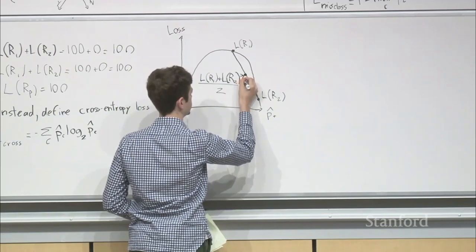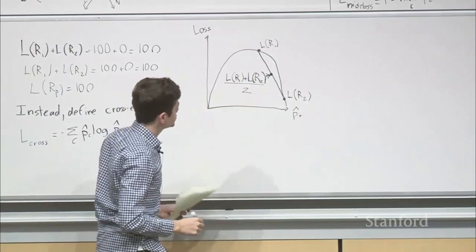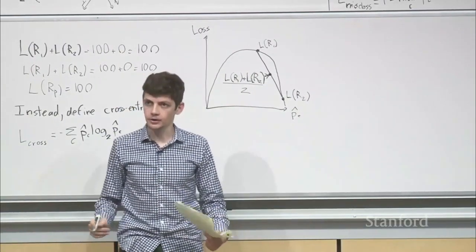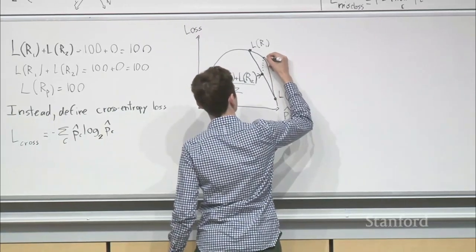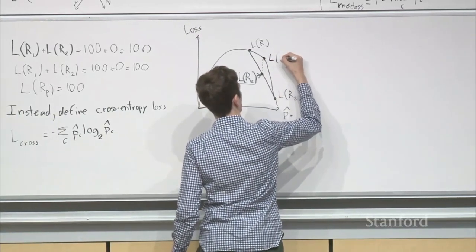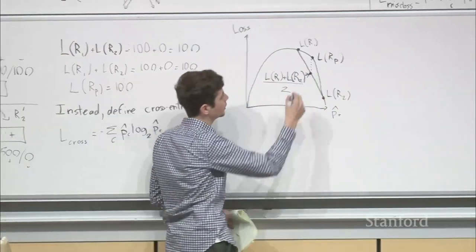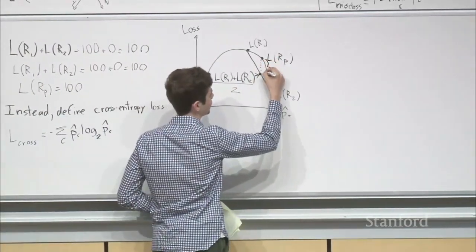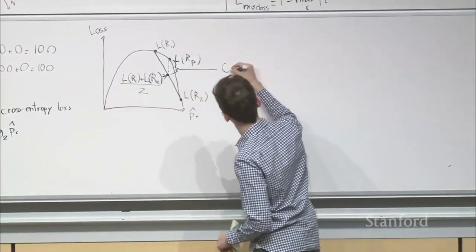That's what this point is. And what you can notice is that the loss of the parent node is actually just this point projected upwards here. So this would be your LR parent. And this difference right here is your change in loss.